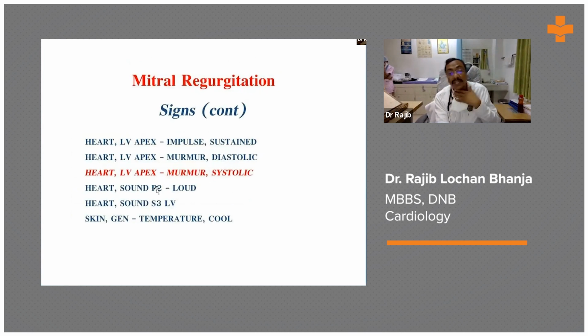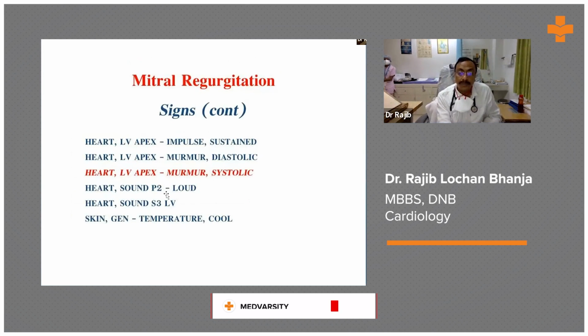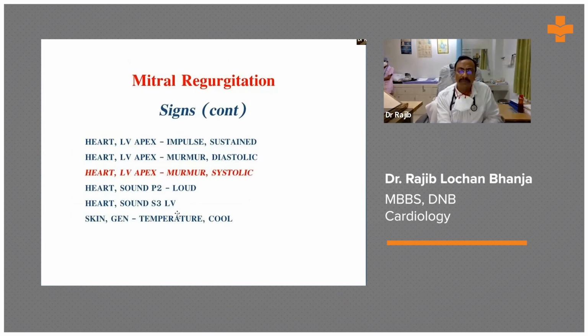What happens here? The first heart sound is soft. Already I have described in mitral stenosis the first heart sound is loud. Here the first heart sound is soft, and the pulmonary component P2 is loud because the PA pressure is increased. And sometimes we find S3, which is very rare or absent in mitral stenosis.